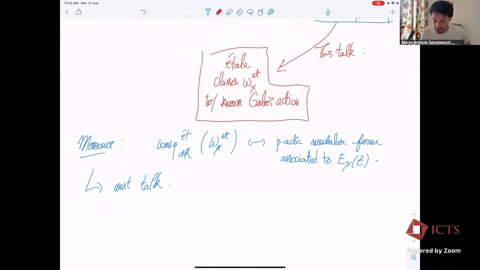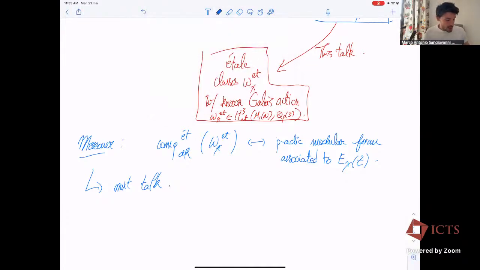So in the et al. cohomology of M1n, but with coefficients in QP, actually QP3, but okay. And in the next talk, we will upgrade QP to ZP.